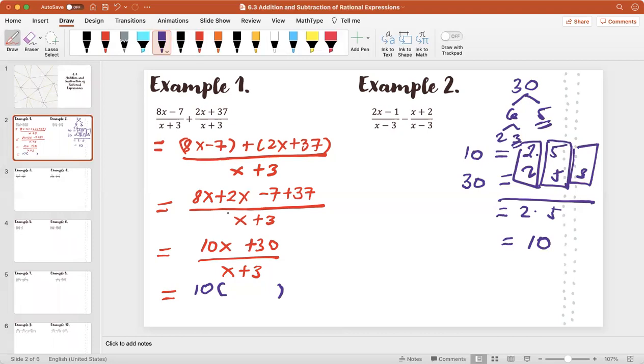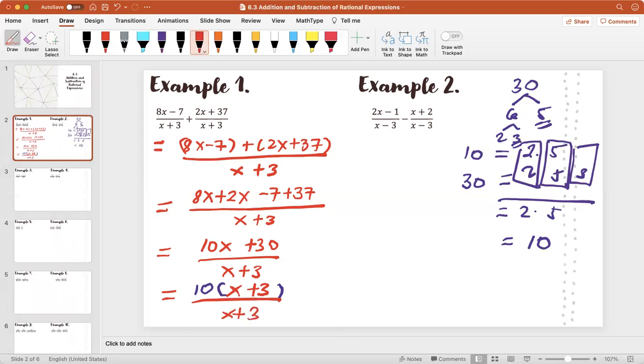Let's get the factor inside. So what factor goes inside your parentheses? x plus 3. Okay, let's divide. 10x divided by 10 here is x. And then 30 divided by 10 here is 3. That's all over x plus 3.